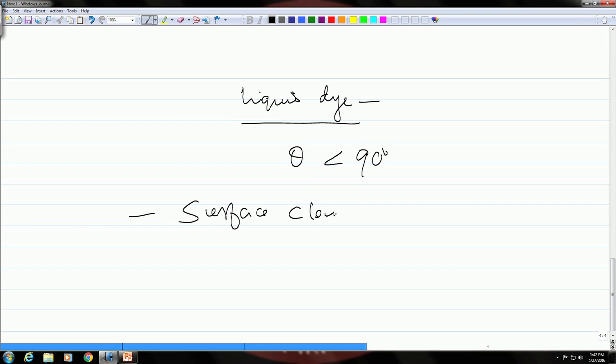That is why the first step in this method is surface cleaning. You need to clean the surface of all the contaminants and remove them.